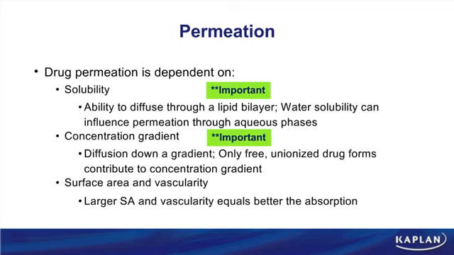When it comes to vascularity, consider an intramuscular injection compared to a subcutaneous injection. The intramuscular injection is obviously going to be absorbed faster into the body because muscles are more vascular compared to fat. So the subcutaneous route is going to be a slower route compared to IM.